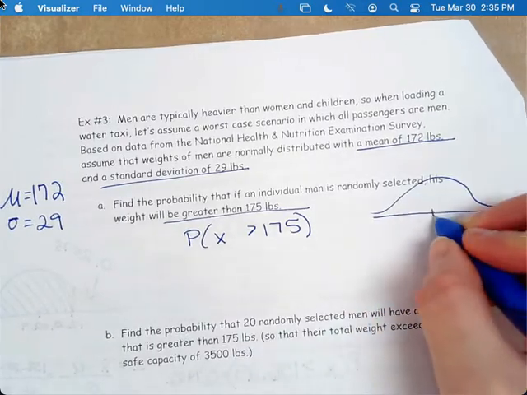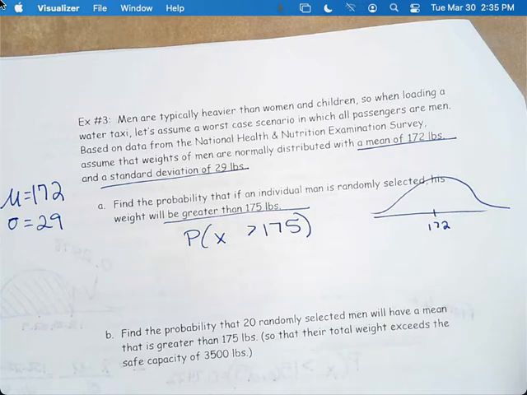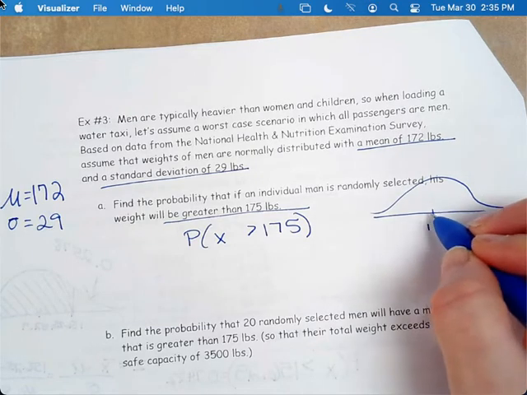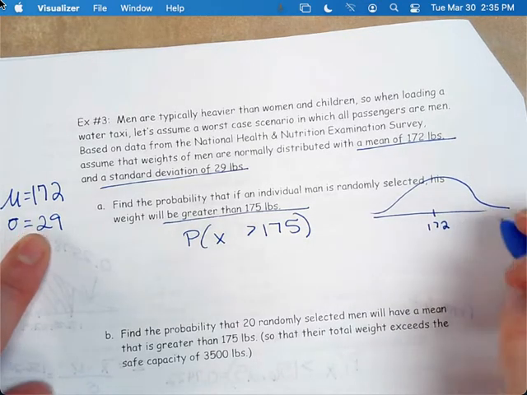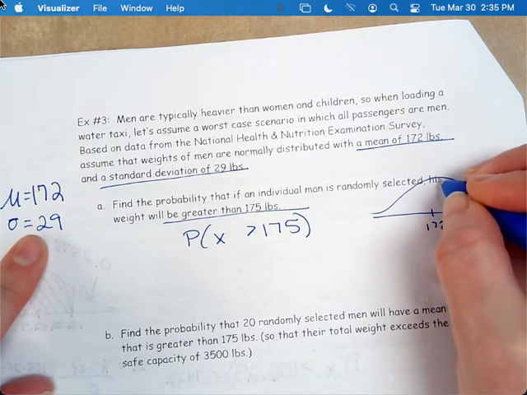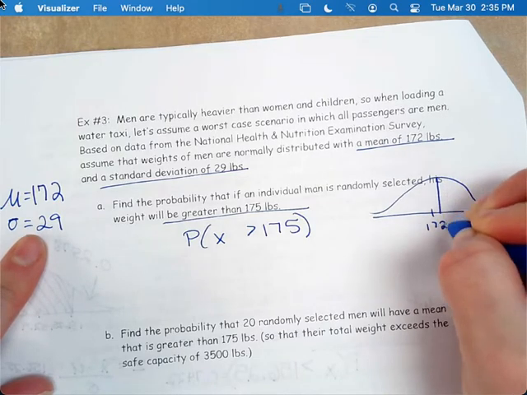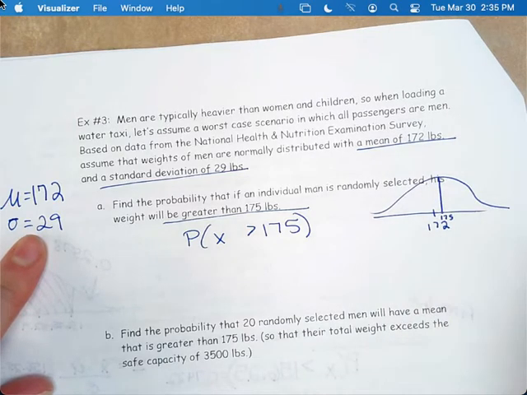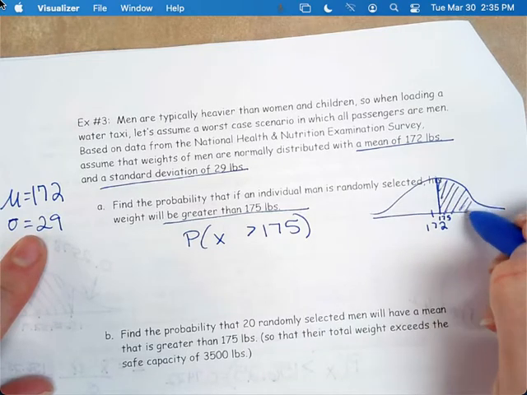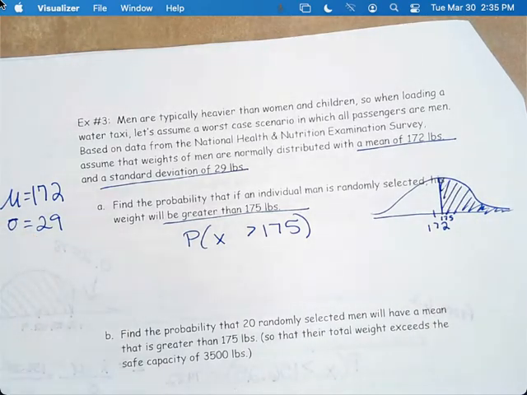So again with this, we have 172 as our mean, and then our standard deviation is 29. And then we're wanting to know greater than 175. So we're wanting to know this area.